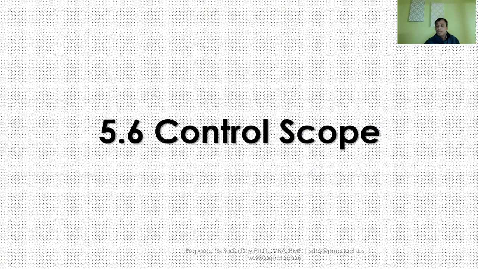And then the final process that we'll discuss in this scope management is Control Scope. Now, control scope, as we have talked about before, is really about ensuring that the scope is within control and there are no scope creeps.